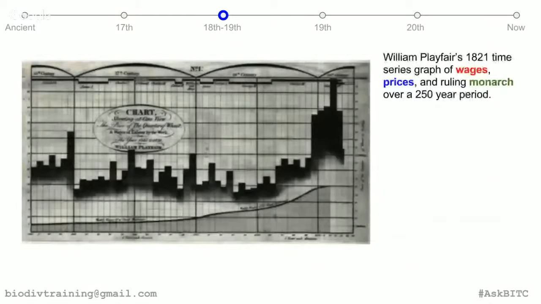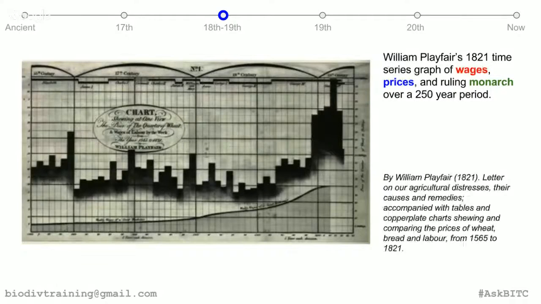Also, this plot over here is an impressive example for that time because it gathers 3 different plots in a single rather clever way of representing wages, prices, and the ruling monarch of England over a 250-year period.